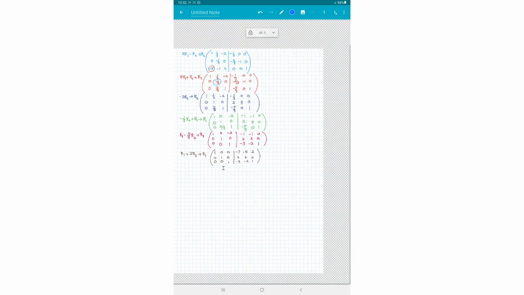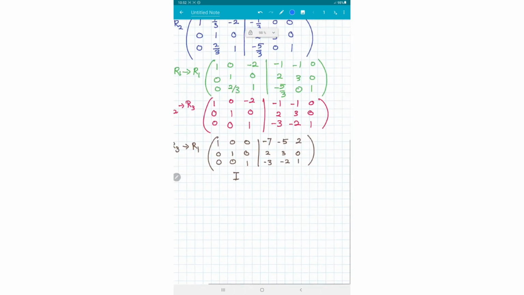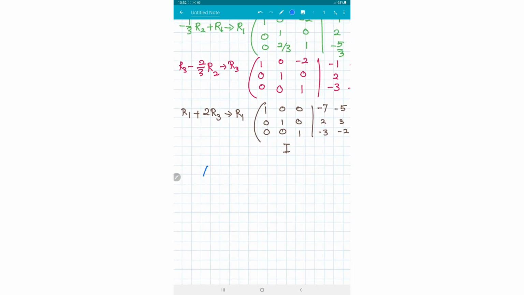If you consider this matrix to be A, your answer must be A inverse, equal to negative 7, negative 3, negative 5, 3, negative 2, 2, 0, 1.